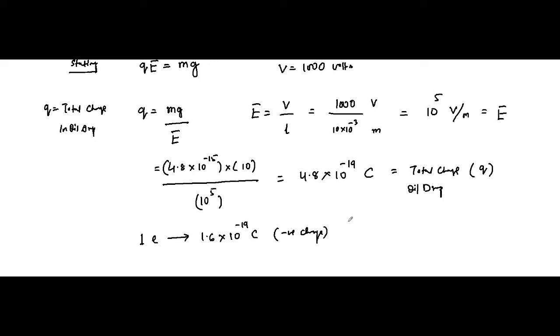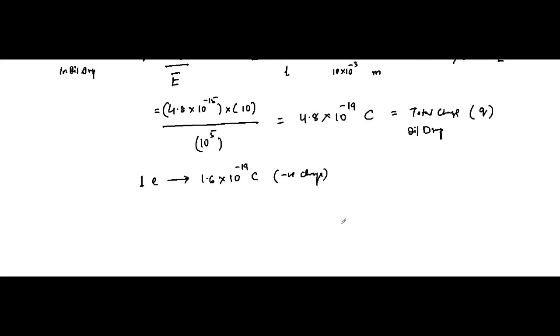So here, to find the number of electrons, what we'll simply do, we will first take the total charge by charge on one electron, that is total charge in the oil drop divided by 1 electron charge.